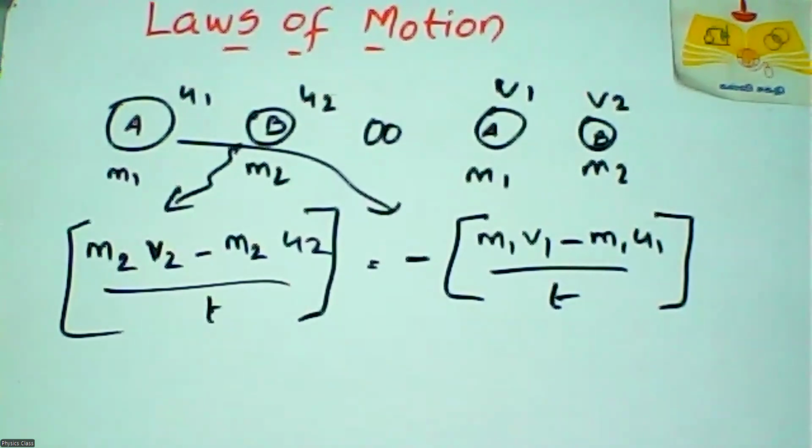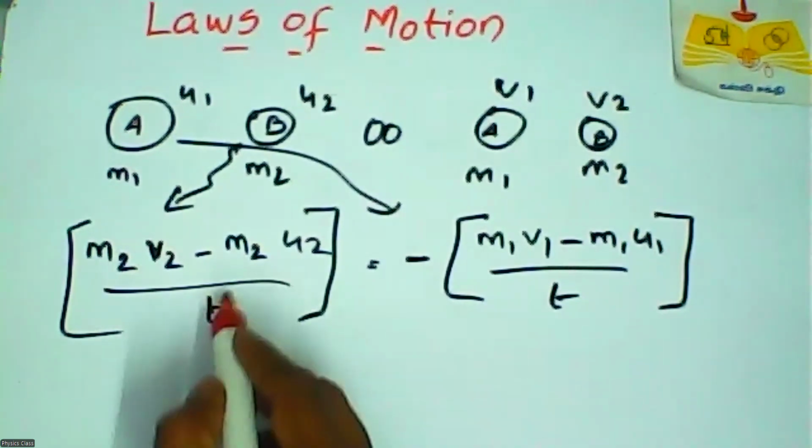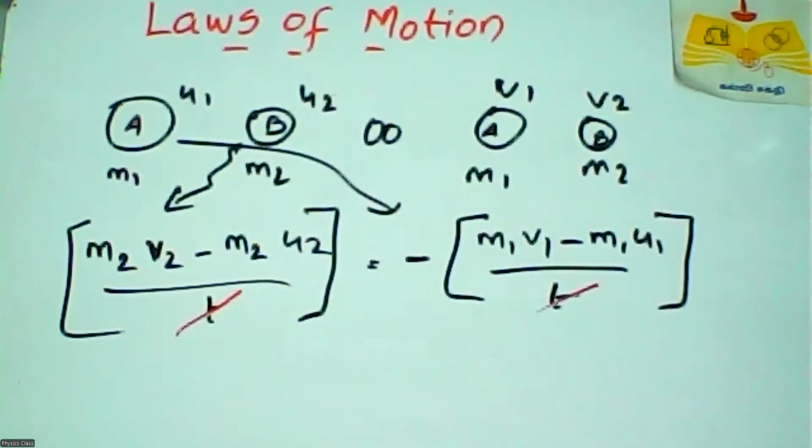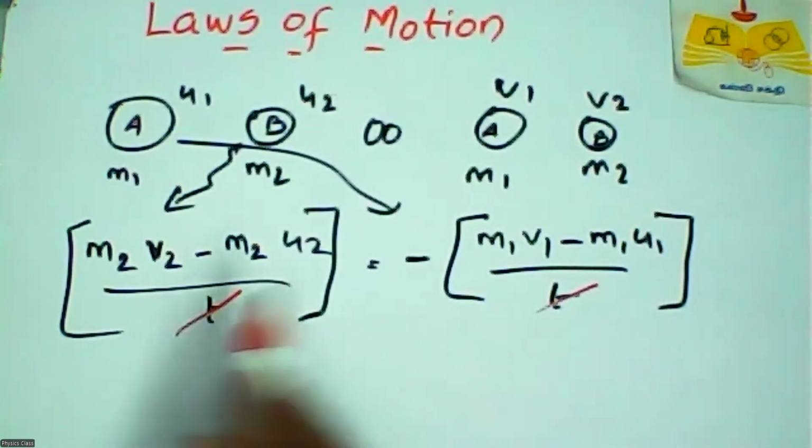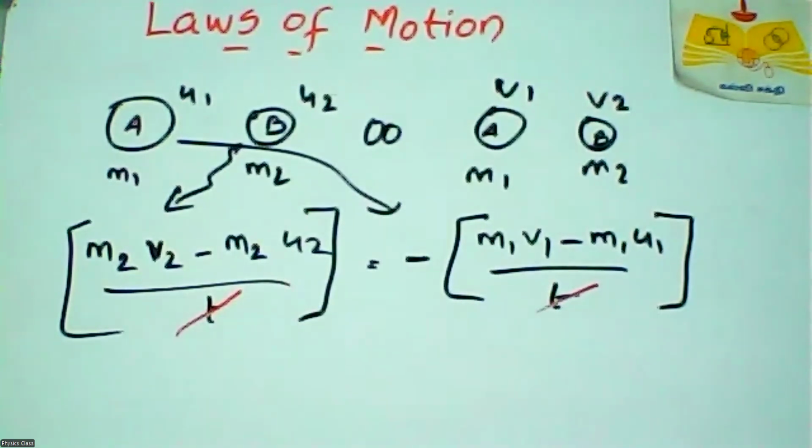Okay. Now you can solve this equation with the basic steps. You can cancel that t, because you already know t is on both sides for the same time interval. So you can cancel t.